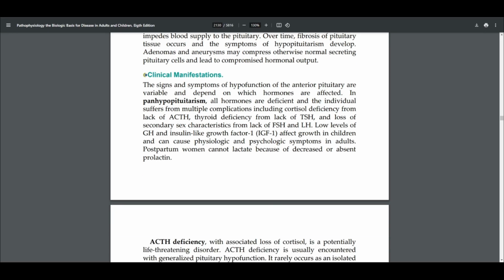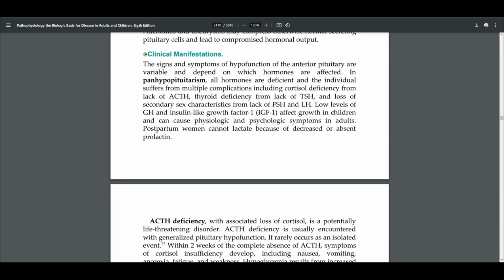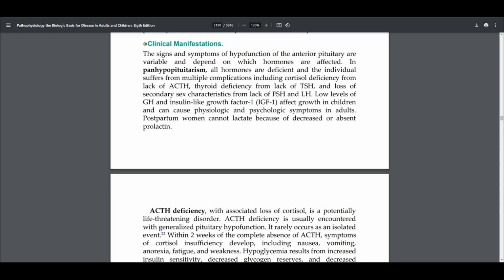So what clinical manifestations do we see? The signs and symptoms of hypofunction of the anterior pituitary are variable and depend on which hormones are affected. In panhypopituitarism, all hormones are deficient and the individual suffers from multiple complications, including cortisol deficiency from lack of ACTH, thyroid deficiency from lack of TSH, and loss of secondary sex characteristics from lack of FSH and LH.